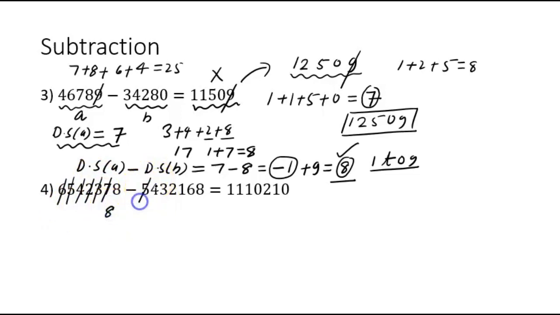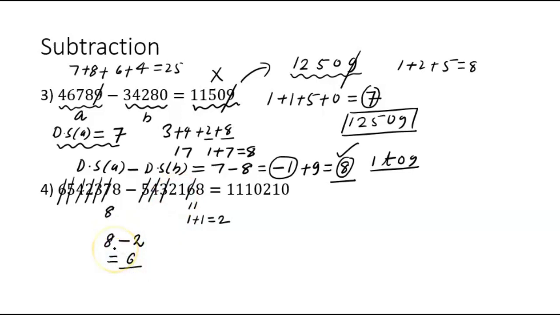On the right hand side, 5 and 4 cancel, 6 and 3 is 9 cancel, and here we get 2 plus 1 is 3, and 3 plus 8 is 11. So 11 can't be the digit sum, so I write 1 plus 1 again and we get 2. So on the left hand side the first digit sum is 8, the second digit sum is 2, so 8 minus 2 is equal to 6.